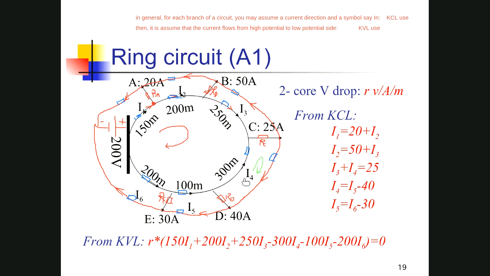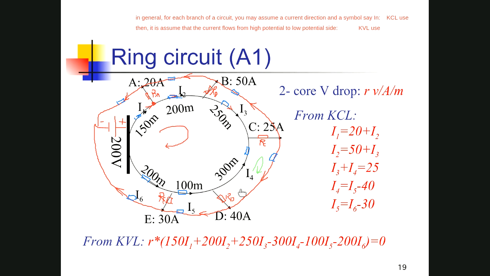You have to take into account I4 through the 300 meters, that is what it drops. Also the 25 amperes going through RC, that is what it drops. And I4 goes through the outer side, that is what it drops.